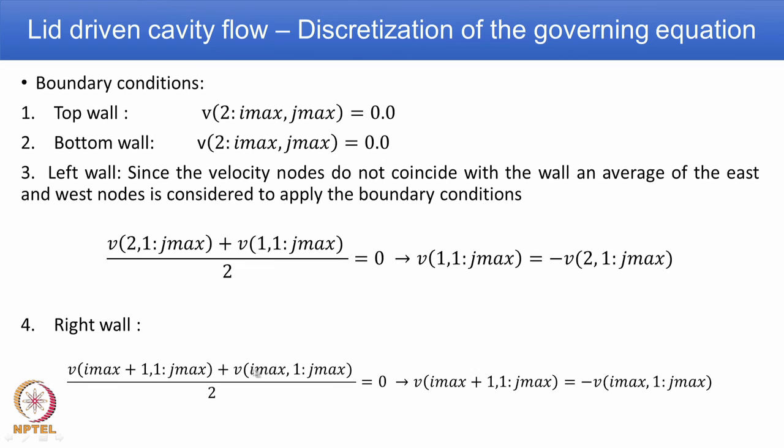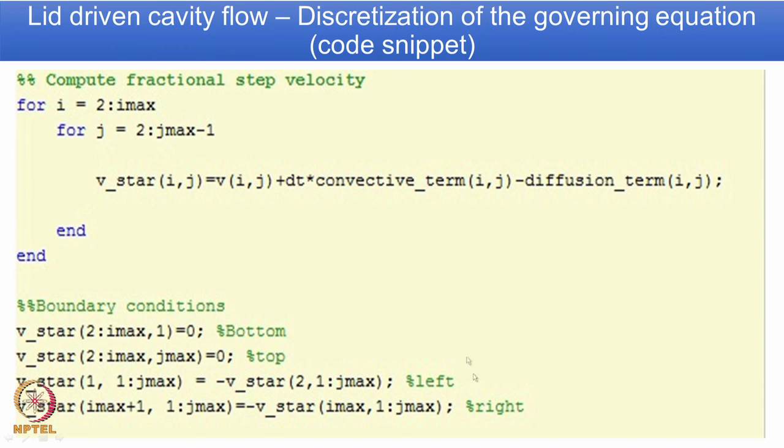Similarly, on the right side wall, V at i max plus 1, j from 1 to j max, plus V at i max, j from 1 to j max, divided by 2 equals 0, and if you rearrange you get the expression as shown here. This is what we enforce in the boundary condition code as shown here.